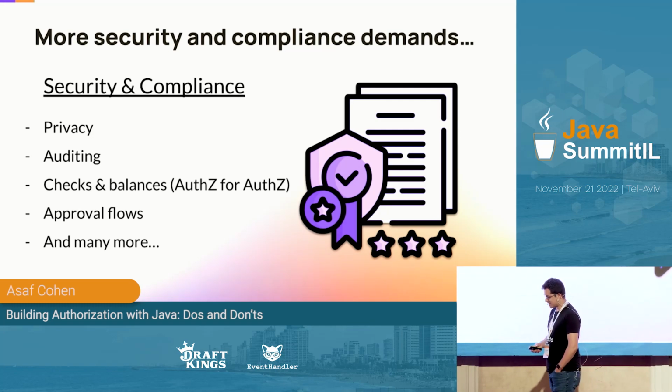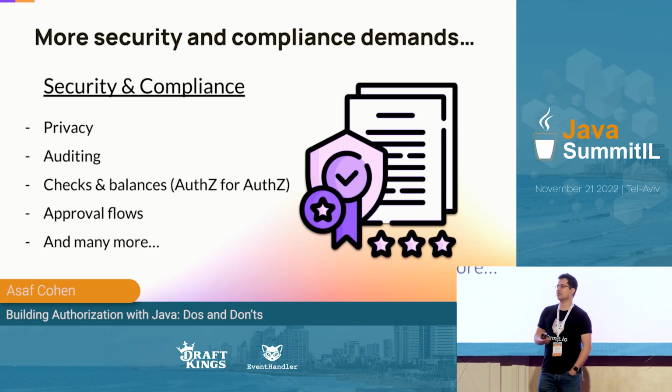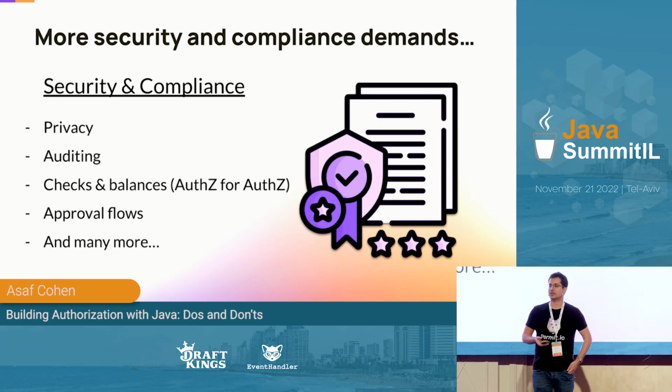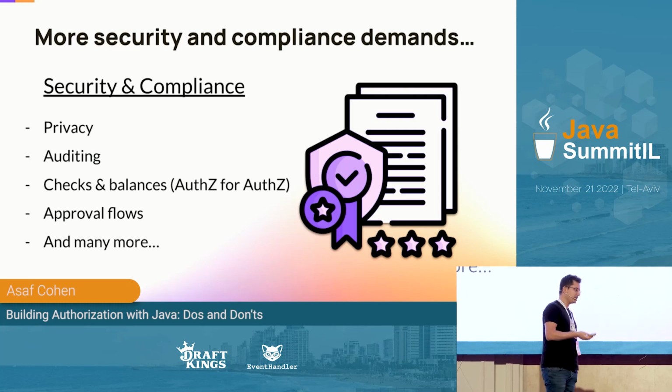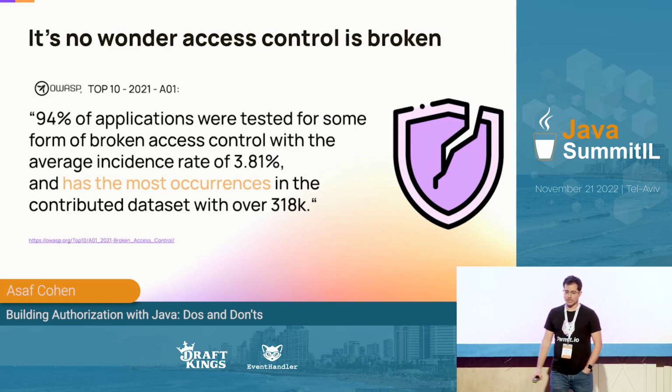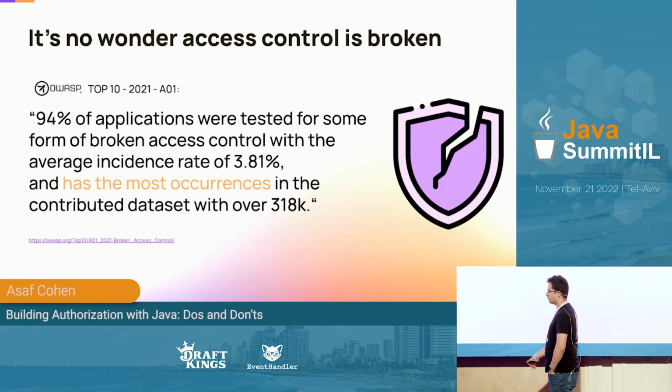So checks and balances is a challenge. Approval flows sometimes is a challenge. So you want to implement checks and balances based on approval flows. So I need at least like 2 people to sign off every commit to the authorization system, right? So I need to implement that. And many more challenges about compliance. So it's no wonder that access control is the top issue in the OWASP top 10.